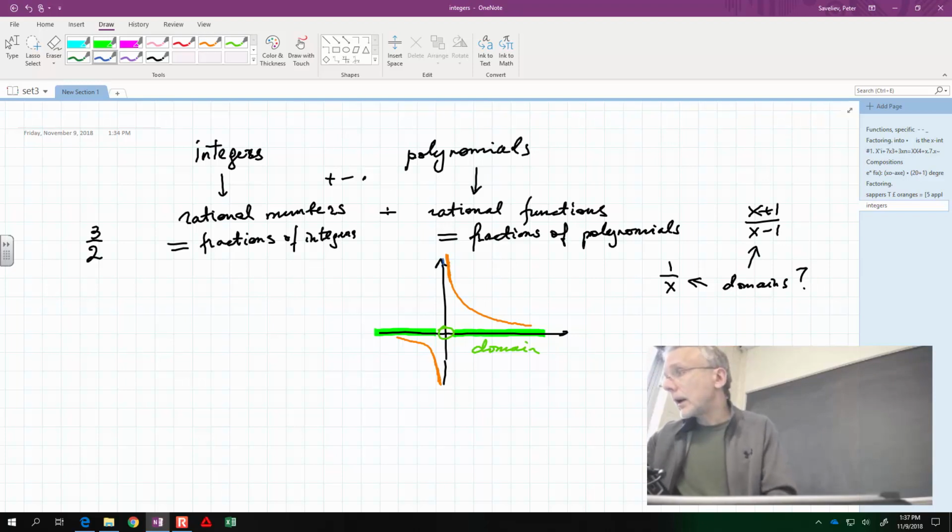So this line is a vertical asymptote. It's just the language that we use to conveniently describe what we see already. What do we see?